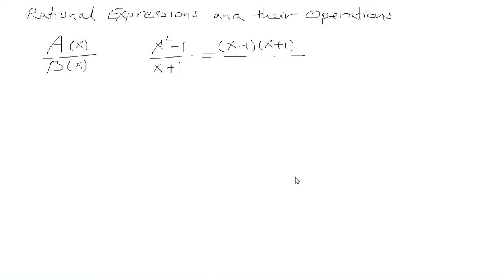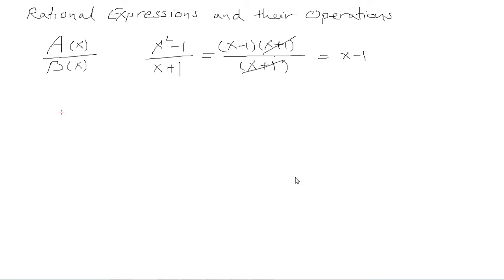The denominator is irreducible. In other words, you cannot factor that more. So I just repeat that, x plus 1. And now you can see you have x plus 1 as a factor in the numerator and x plus 1 as a factor in the denominator. So x plus 1 cancels x plus 1, and you have x minus 1 as the final answer. So that is simplifying a rational expression.